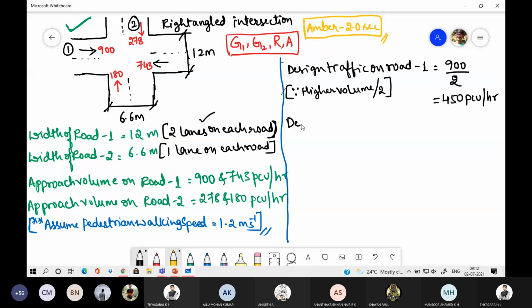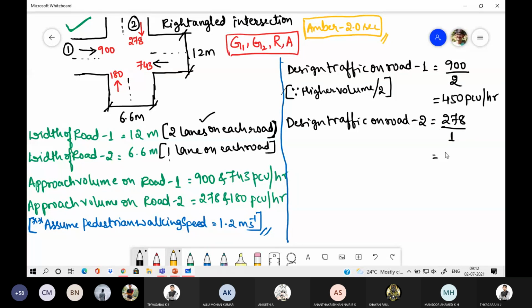Then design traffic on road 2 is equal to, what is the maximum traffic in road 2? 278. How many lanes are there in road 2? 1.